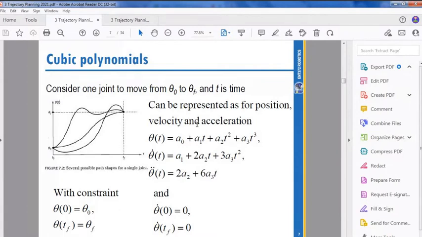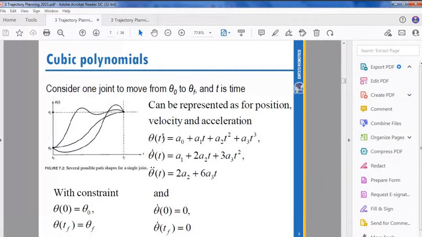This is the standard equation for position in cubic polynomial. T is time. At time 0, T is 0, so all these terms become 0.